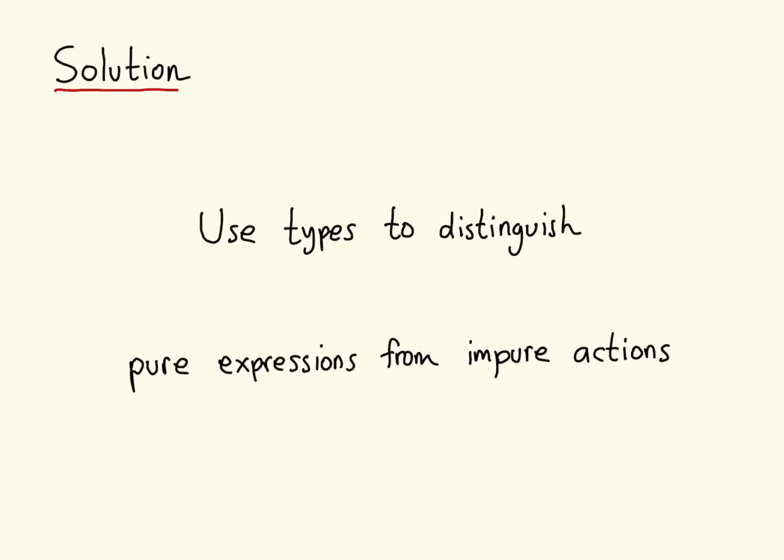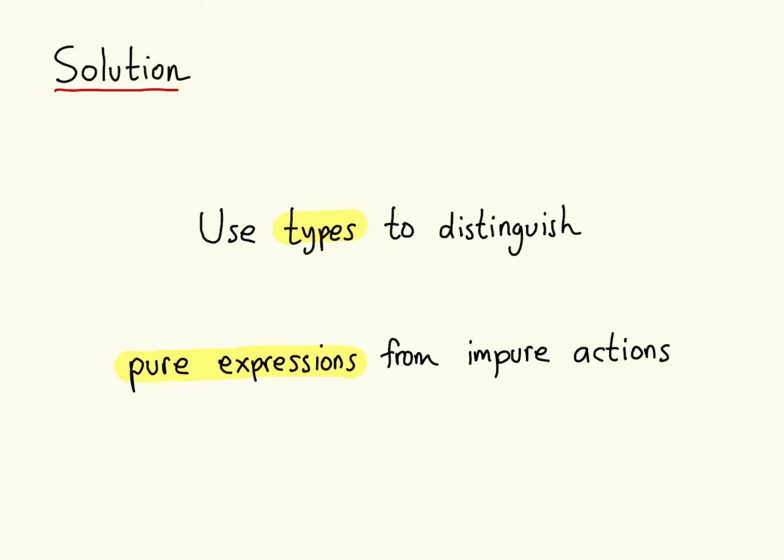So the way this is actually handled in Haskell is we simply are going to use types to keep a clean separation between the two worlds that we're interested in. So we're interested in programming primarily in Haskell with pure expressions. So these are things which do not have side effects. But we also need to deal with the real world.